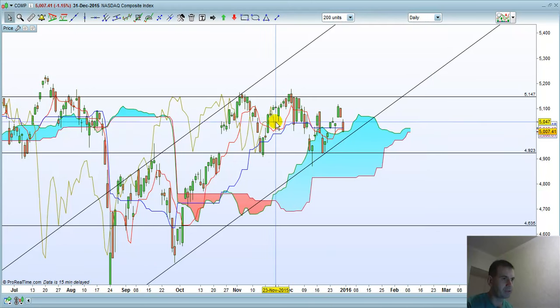The Tenkan-sen line broke down the price and declines now. So price declines to the support level for 4,923, to this support level.